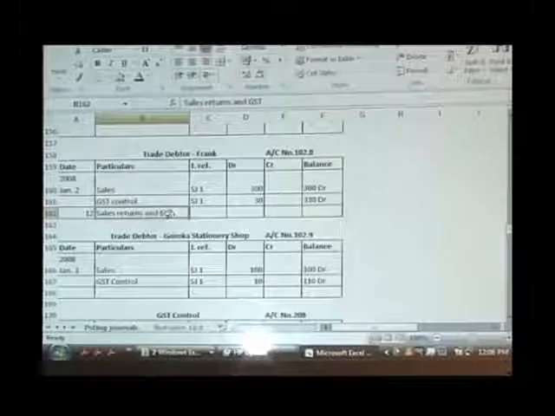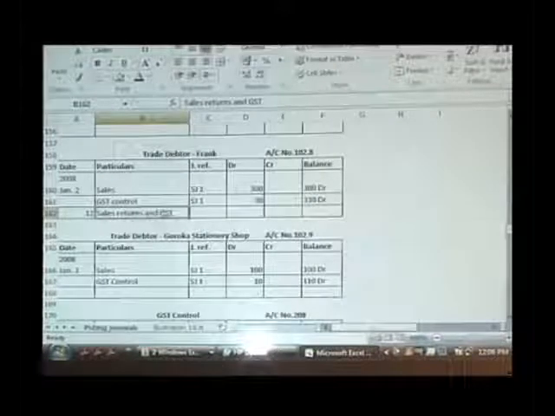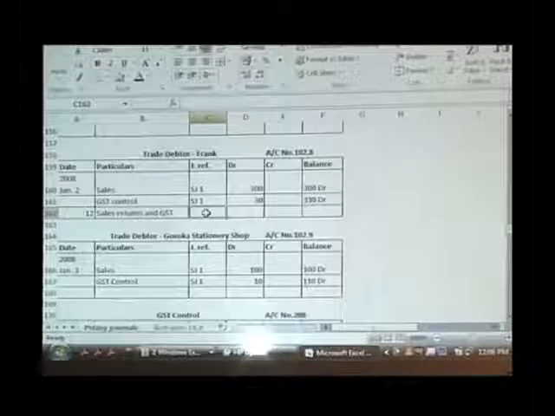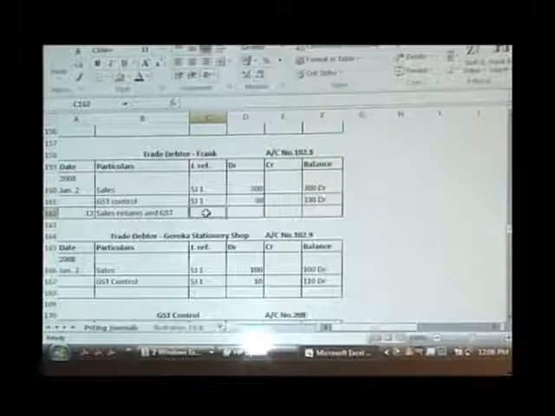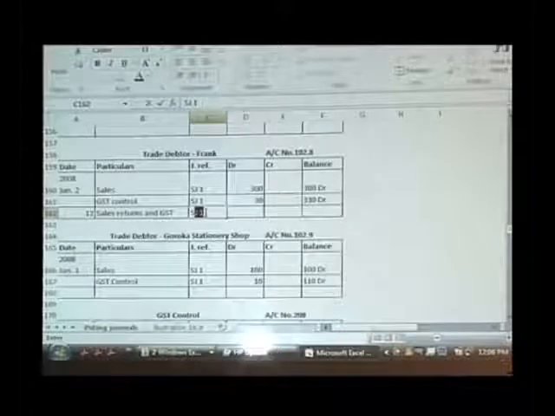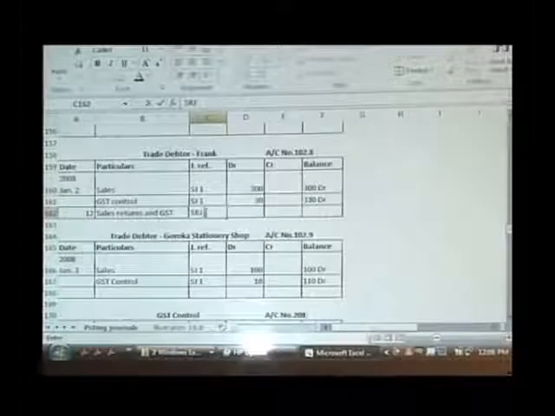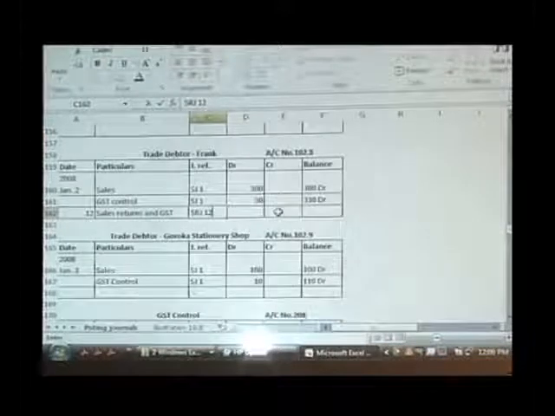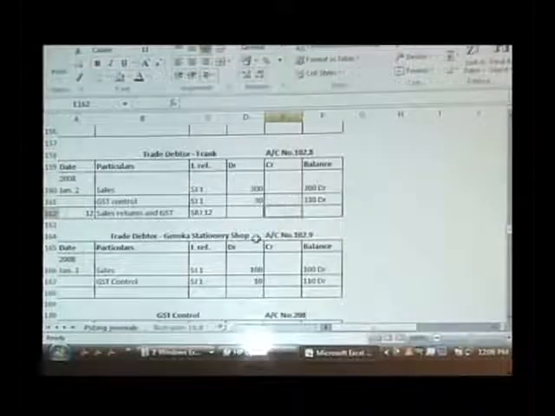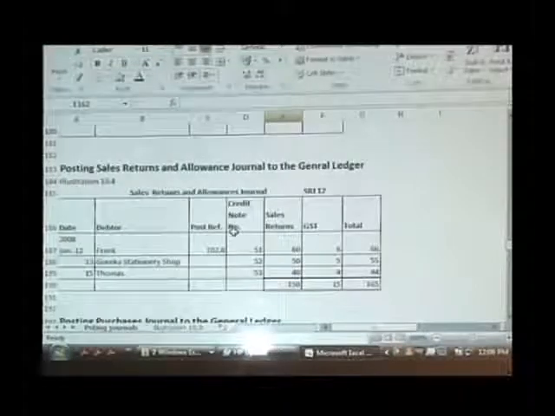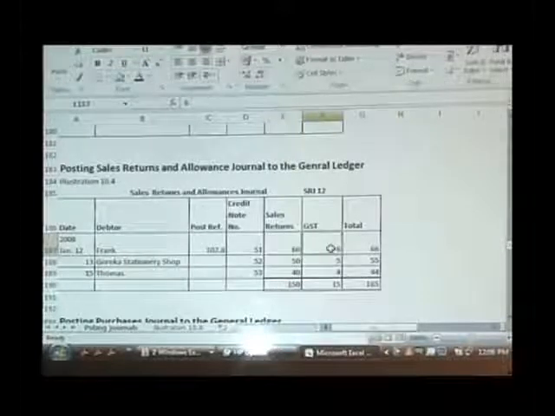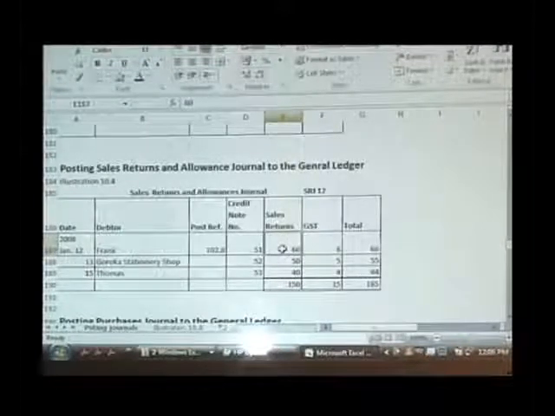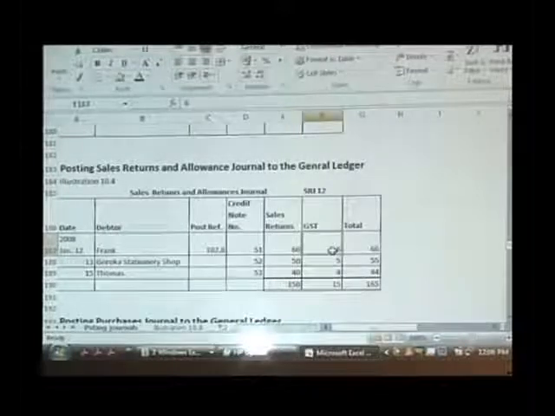Sales returns and GST is the reference, and then it is from sales returns journal, page number 12, that is the page number given to us, and the total amount, GST and sales returns, is 66.